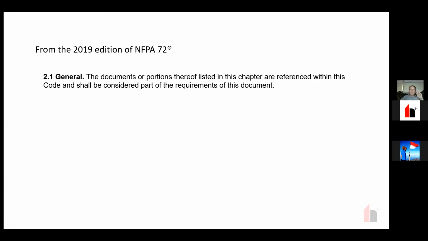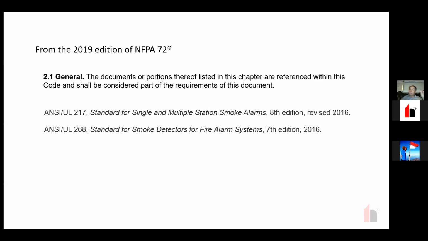And two of the documents listed here that are considered to be a part of NFPA 72: UL 217 8th edition, UL 268 7th edition. So for those areas and jurisdictions that are using the 2019 edition of NFPA 72, then they naturally have reference to these standards.